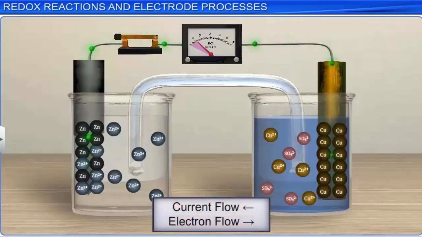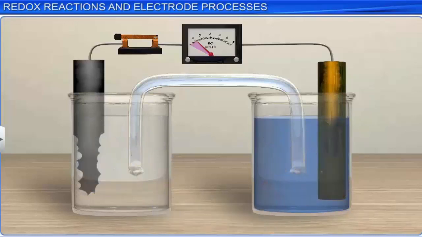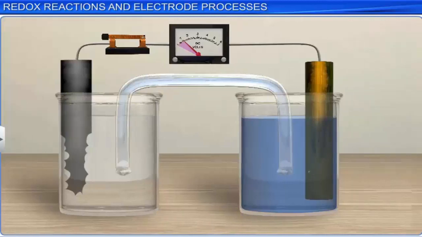In this experiment, the two redox couples are zinc and Zn2+ ions, and Cu2+ ions and copper. The apparatus set up for this experiment is known as the galvanic cell. The galvanic cell was invented by an Italian anatomist, Luigi Galvani.